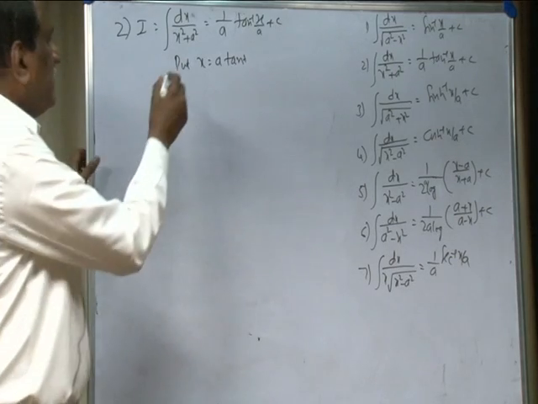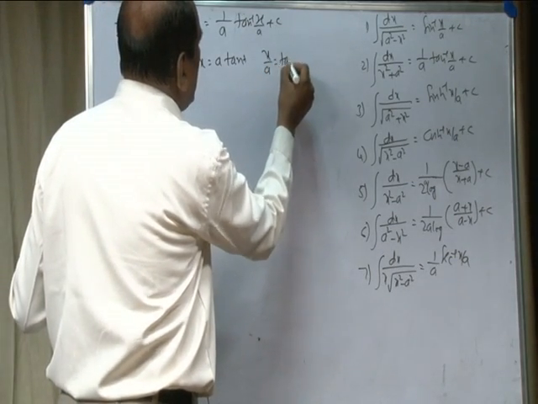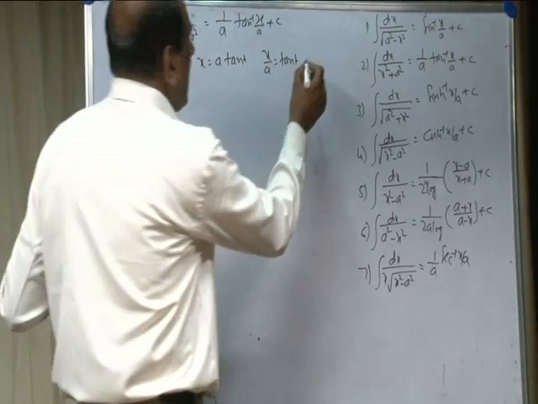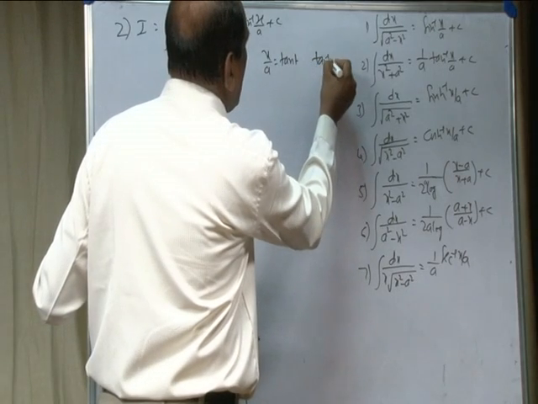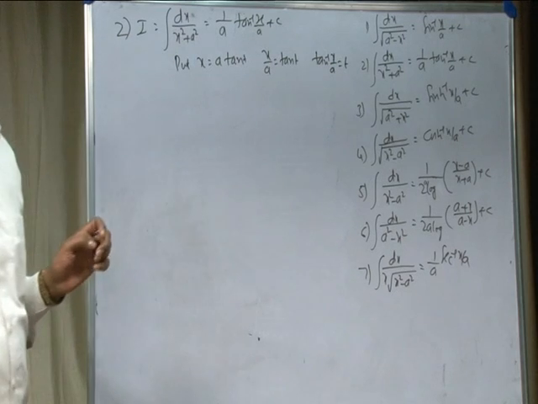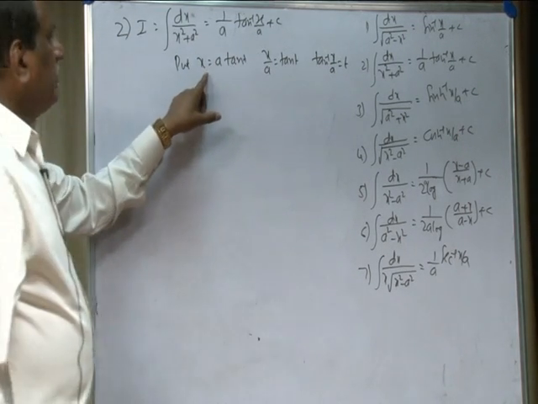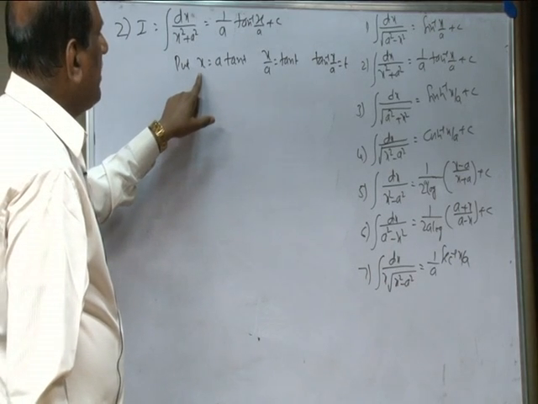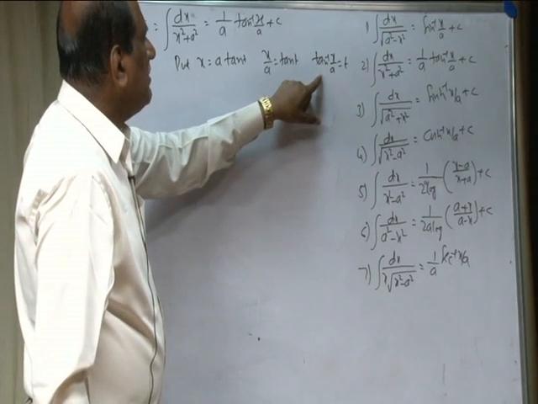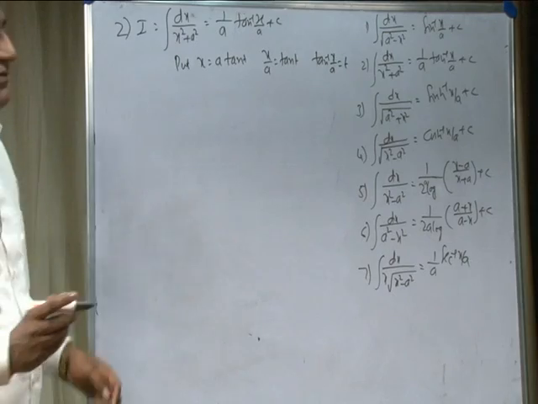Now from this we can write x by a is equal to tan t, or tan inverse x by a is equal to t, by the definition of the inverse trigonometric function. From x is equal to a tan t, this a goes to the denominator on the LHS, that is x by a is equal to tan t.